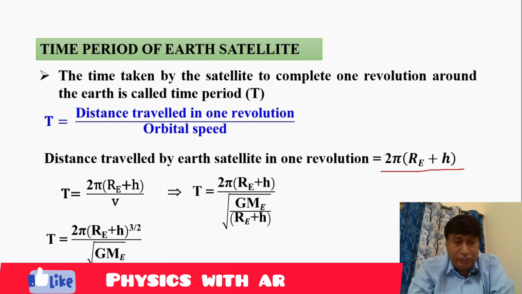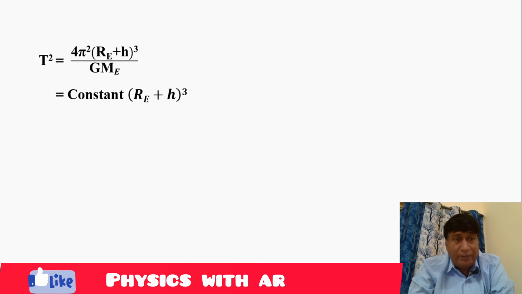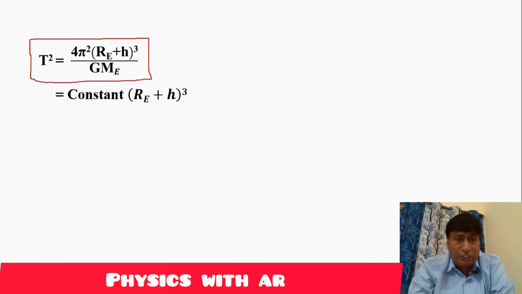Here 2 pi is a constant, G is a constant, and the mass of the earth is a constant. Squaring both sides, we get t square is equal to a constant into (R_e plus h) whole cube.